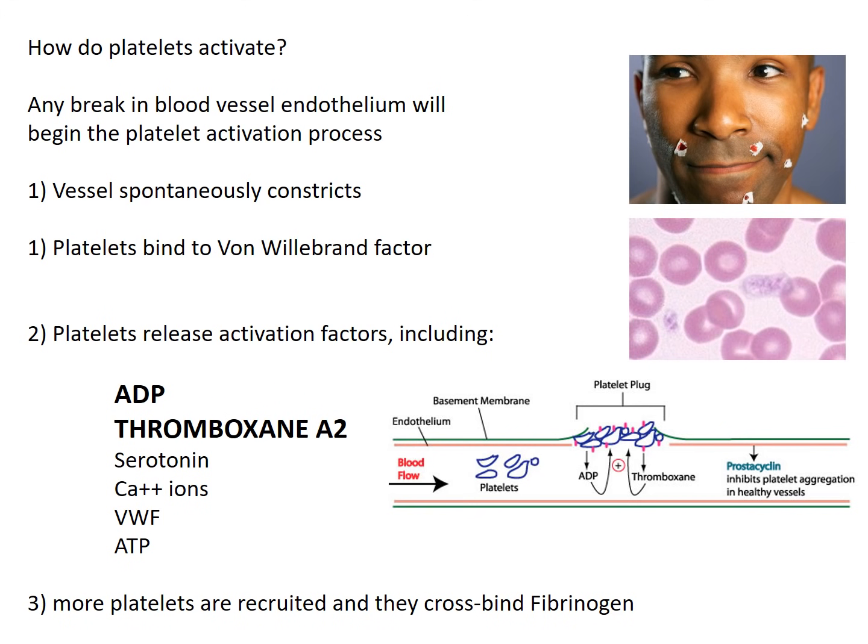Some of the products that are found inside platelets, very important to the activation process, are two products called ADP and thromboxane A2. When a platelet degranulates and releases ADP and thromboxane A2, it's going to be a stimulus to recruit more platelets and activate more platelets.